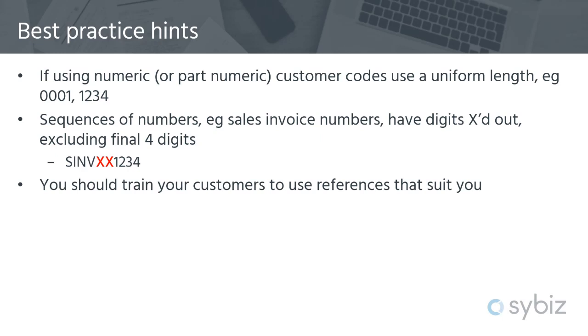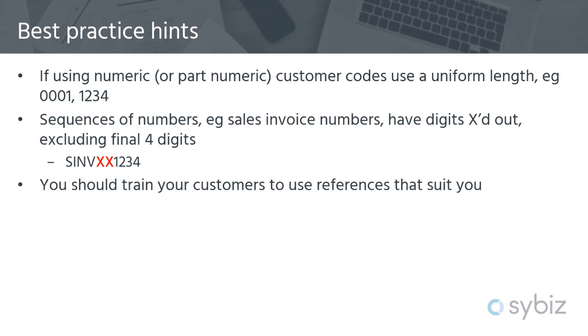So what that does out of the box is it redacts any digits beyond 4. So it starts at the right, and if it sees a string of more than 4 numerical digits in a row, it will X out the additional digits, as you can see in that example there, where the reference there is a sales invoice reference, and it normally has 6 digits.